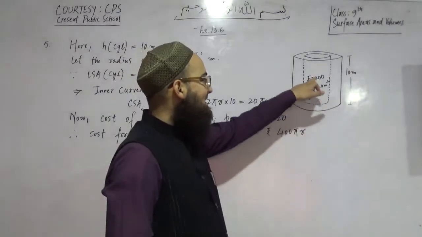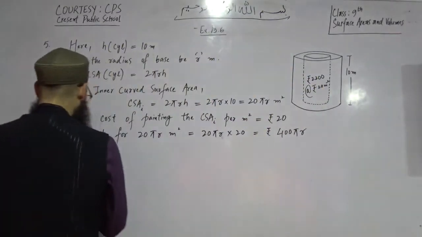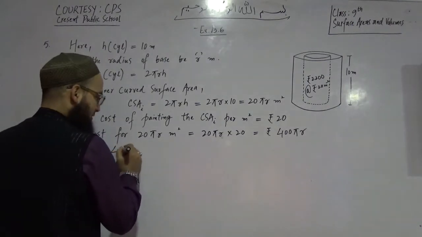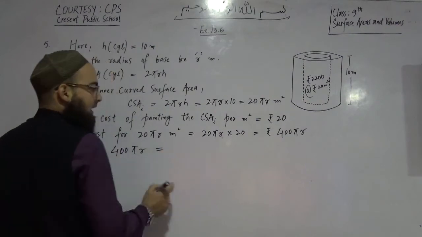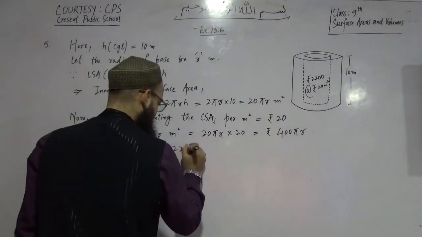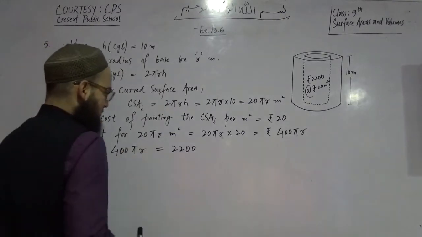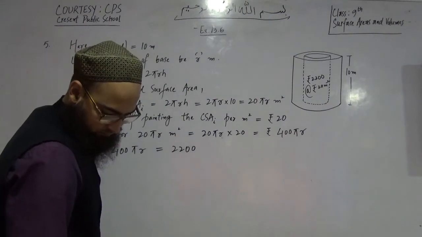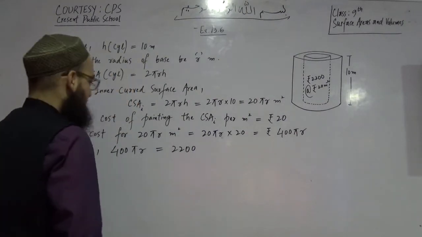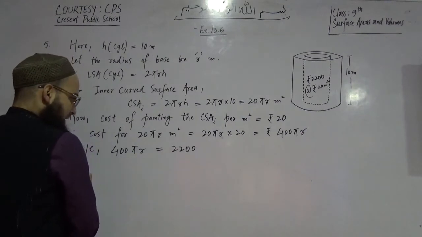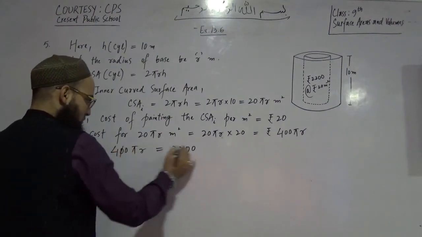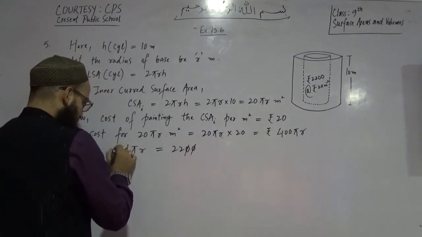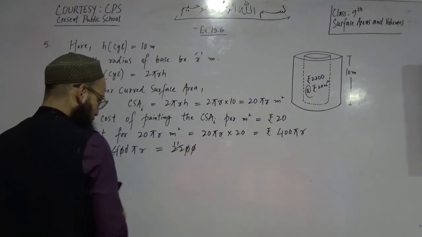The question says that is 2200. According to condition, that cost 400 pi r is nothing but 2200. Let us solve for r. Cancel 10 with 10, 10 with 10, 4, 2 22s 44, 2 11s 22.